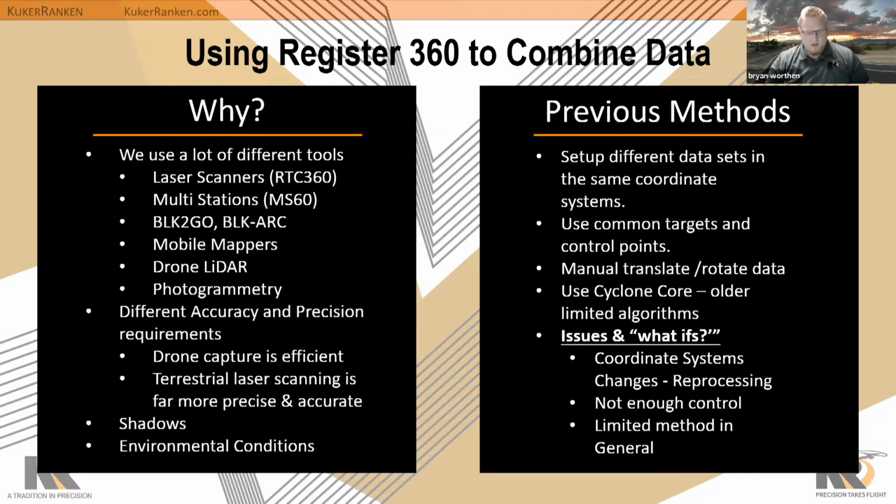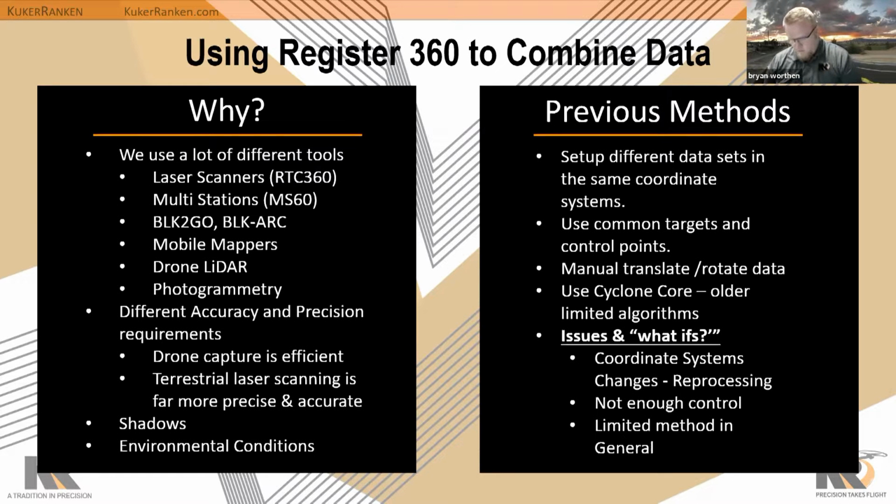Another reason is drones are more efficient, scanning's more accurate, and shadows, right? Shadows impact both terrestrial scans and aerial scans, so you might use both tools because of shadows and environmental conditions. There's a lot of reasons why we want to combine this data.